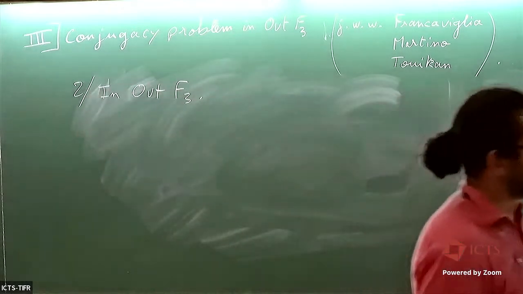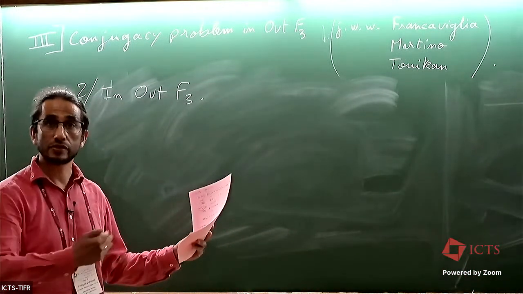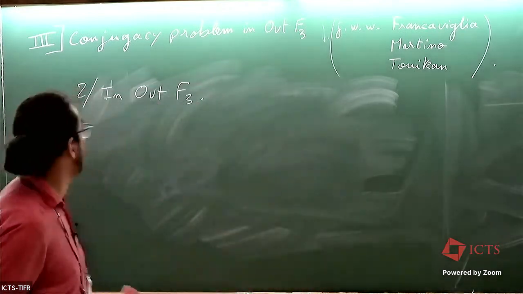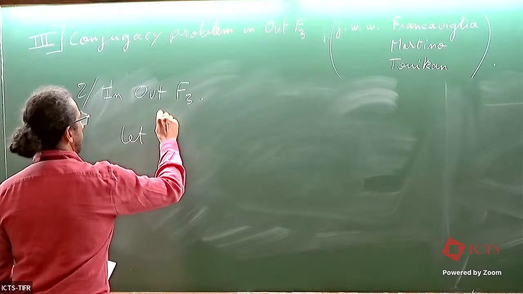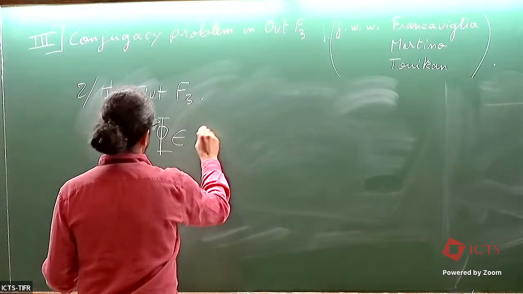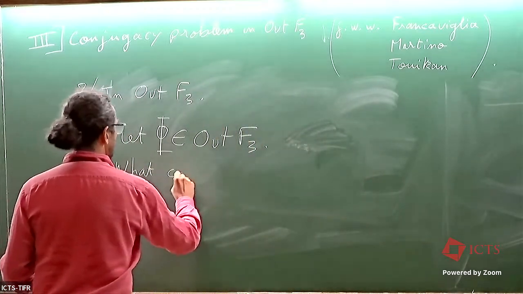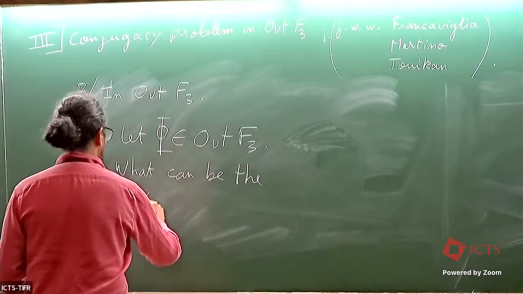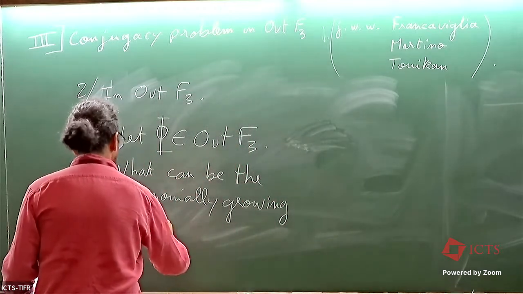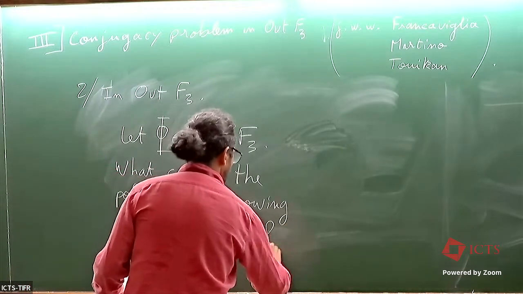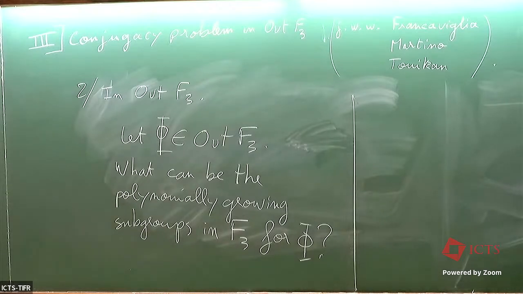So I will use directly the strategy of looking for polynomially growing subgroups and analyzing the isomorphism between semi-direct products of F3 with Z. So what can be the polynomially growing subgroups in F3 for phi?